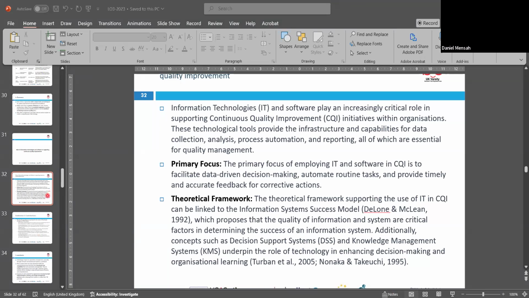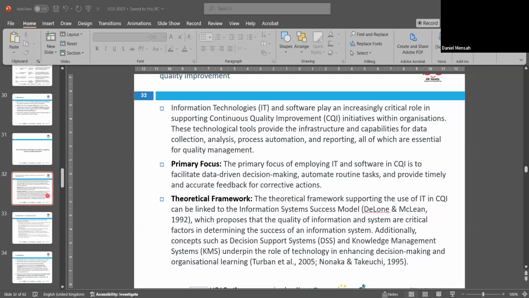If we talk about the information system success model, this model suggests that the quality of information and system are crucial for the success of IT in continuous quality improvement. They stress the quality of information. Your information should be accurate.